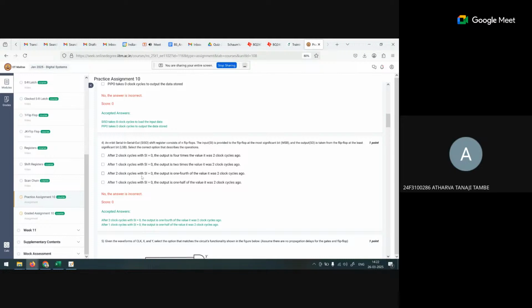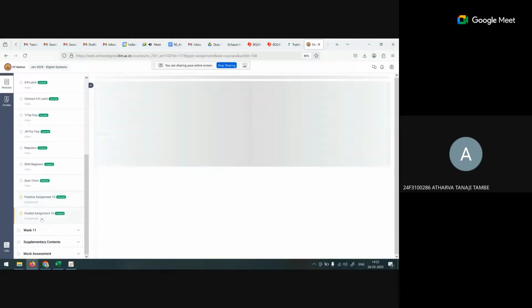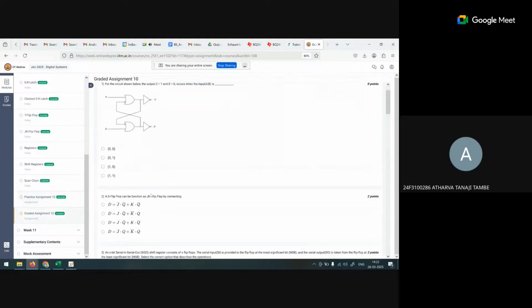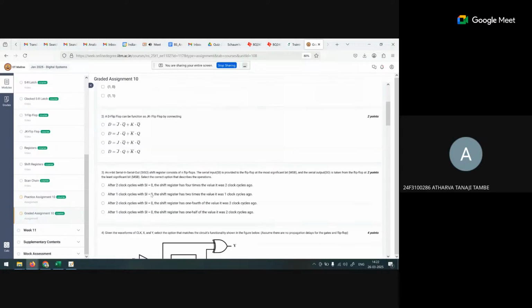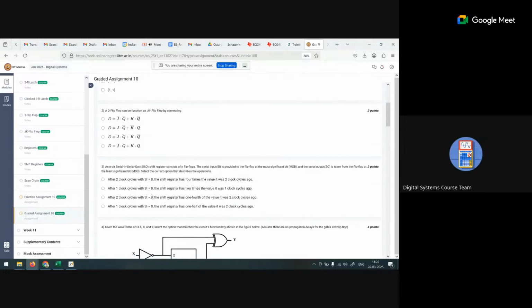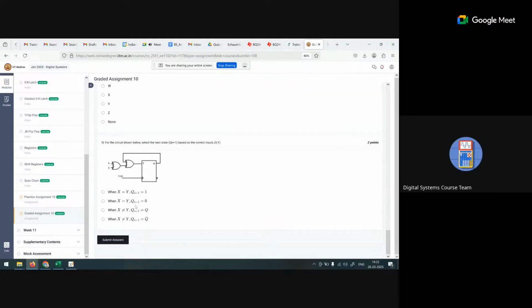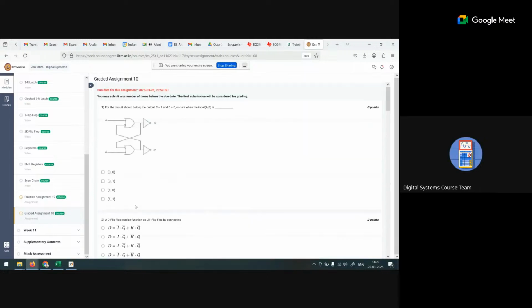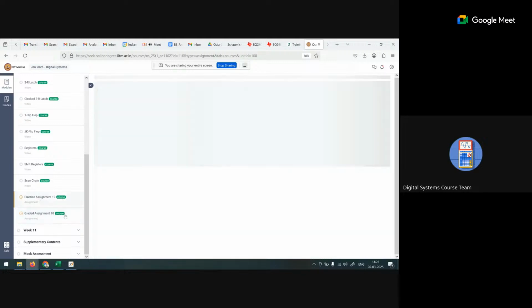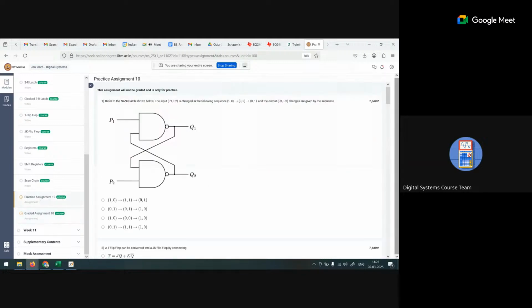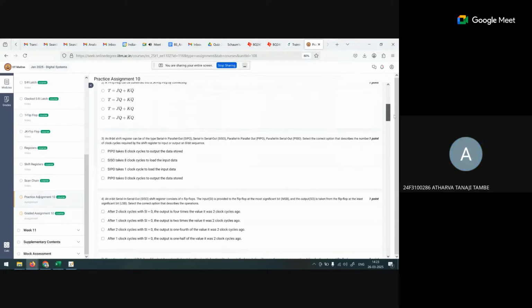The same question is repeated in graded assignment 10, but it is a single choice question. Is this question correct? Okay, I will check. I will check and update if there are multiple possibilities, multiple options. Okay.